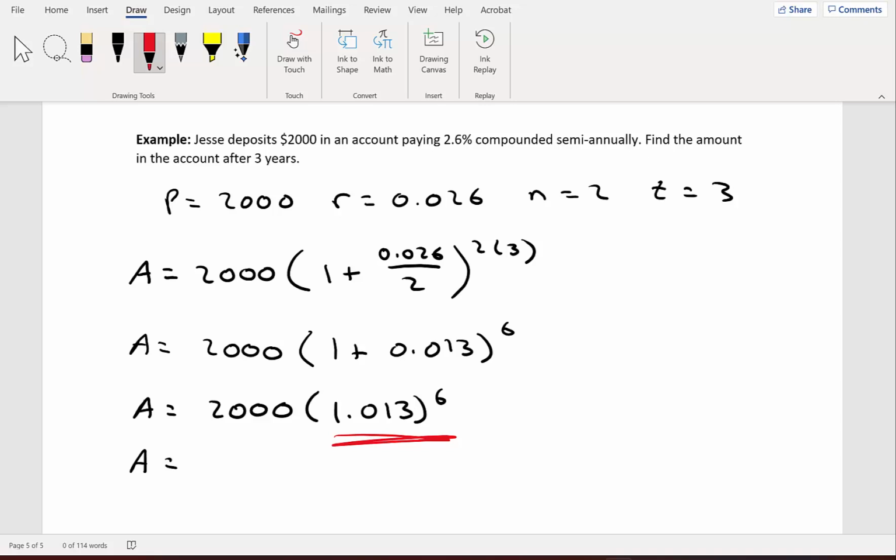Now press times, and then put 2,000. Now we have $2,161, and let's round to 2 decimal places, so we get 16 cents. So the amount in the account is $2,161.16.